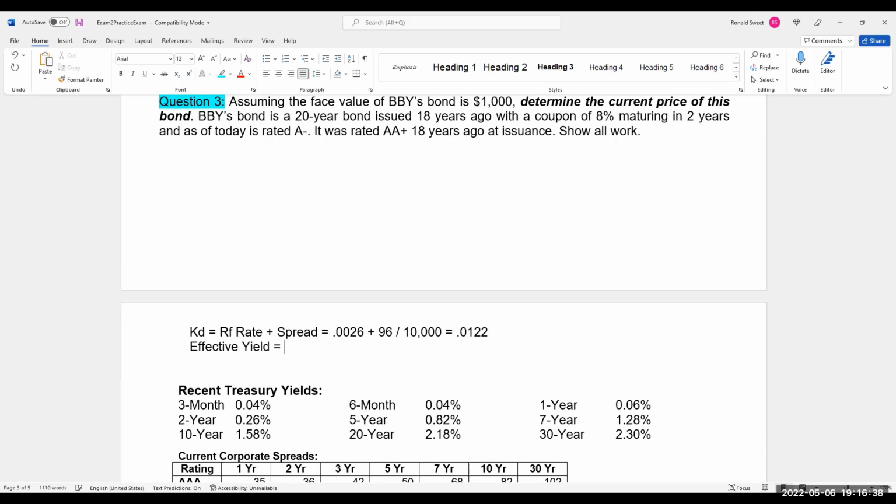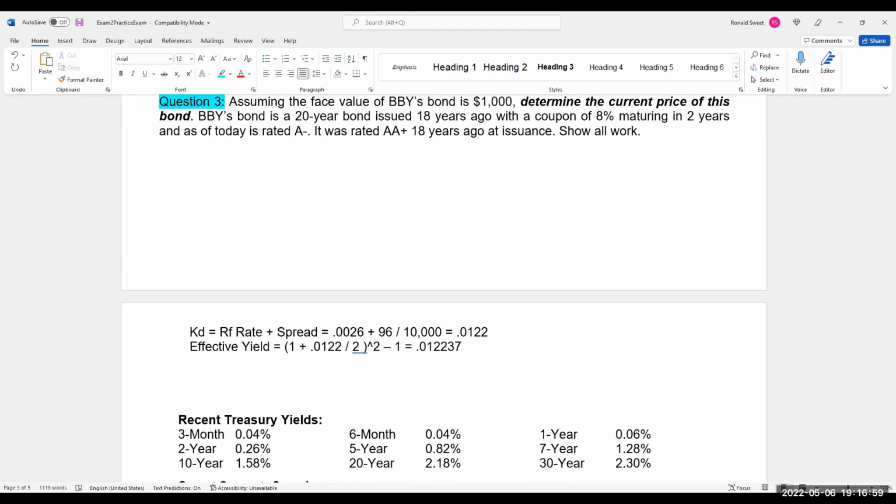The effective yield is going to be 1 plus 0.0122 divided by 2, raised to the second, minus 1. Yeah, it's essentially the same number again. 0.012237. I don't know how many decimal places you want to go out, but I worked my answer in Excel.